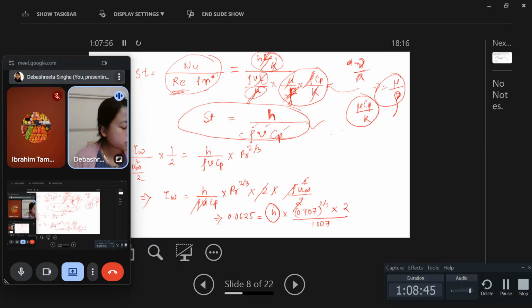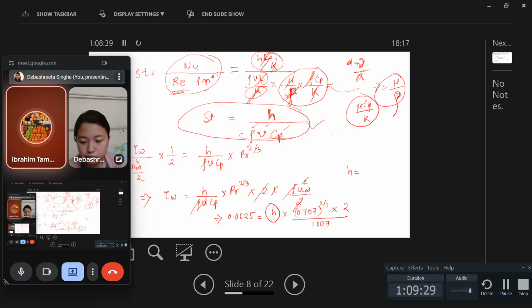Please calculate how much is this H. Uh, 1.7 multiplied by 10 raised to minus 3.